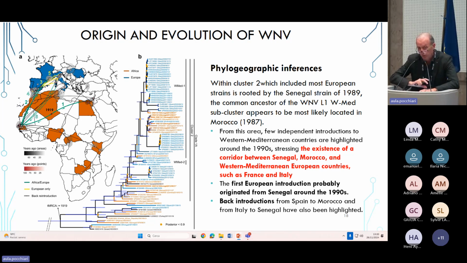And there are multiple introductions through these corridors from Africa to Italy, but also back introductions from Spain to Morocco, and from Italy to Senegal.